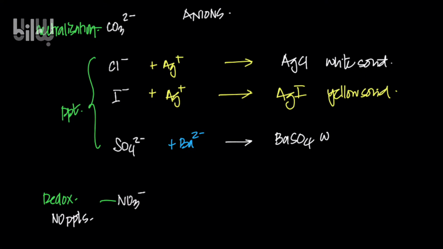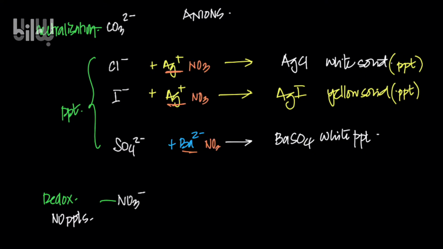And barium sulfate is also a white PPT. A yellow solid means yellow PPT. White solid means white PPT. And generally speaking, we use the nitrate versions of these, because we want the cation. Why do we use nitrates? Because nitrates are soluble.